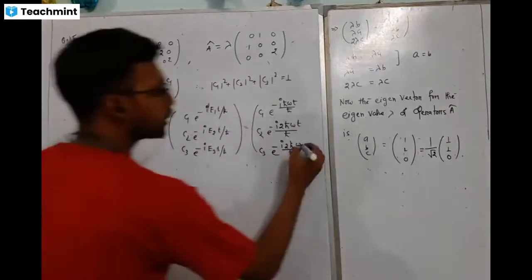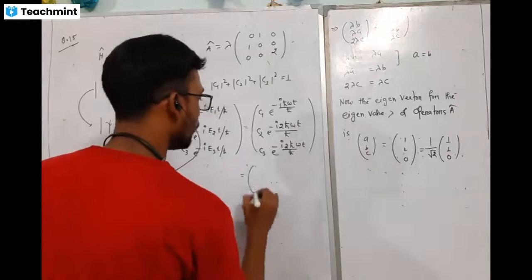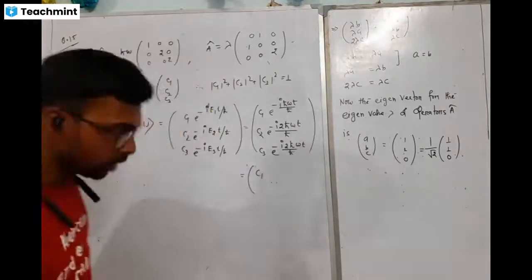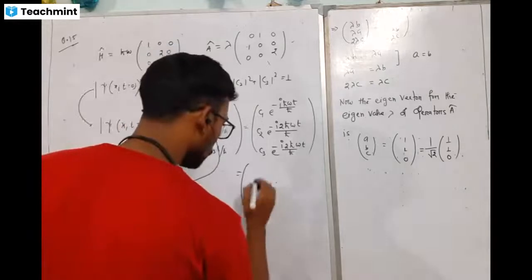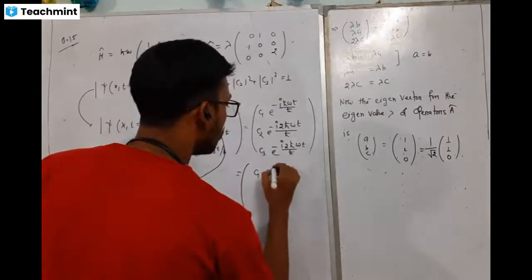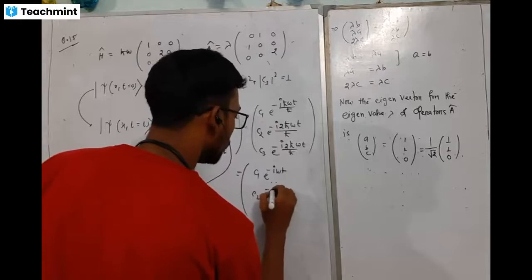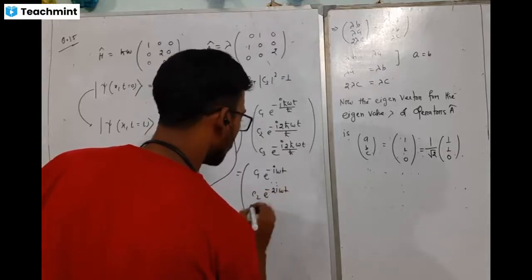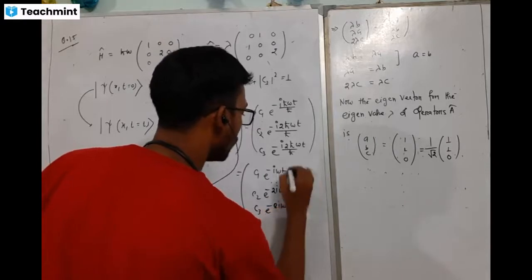The h cut cancels each other. So the corresponding state is C1 e to the power minus i omega t, C2 e to the power minus 2i omega t, C3 e to the power minus 2i omega t.